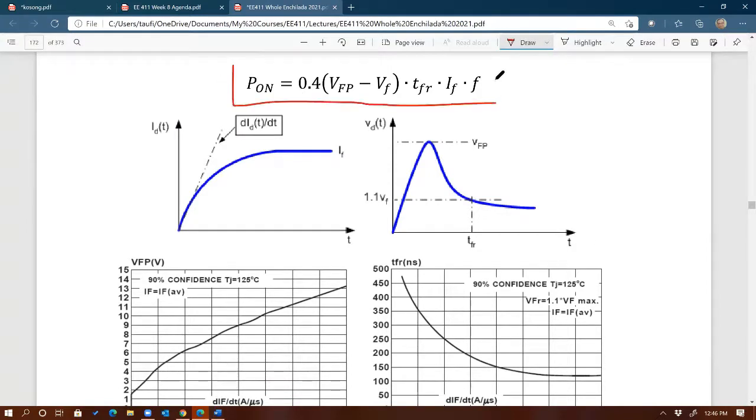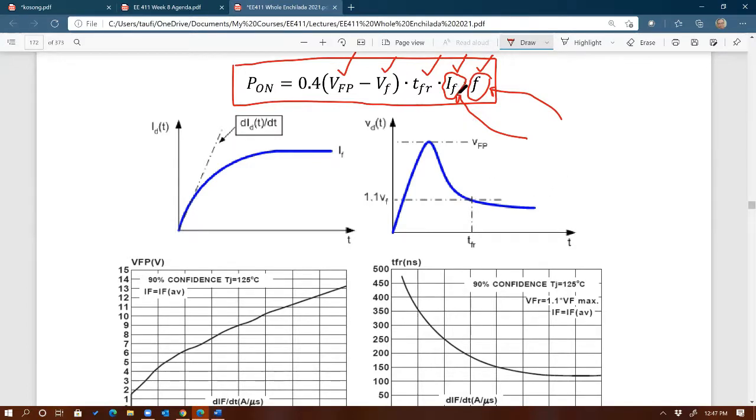So the equation involves VFP, VF, TFR, IF, and F. One value that I know is frequency, that's the switching frequency. And then IF, that's the same IF as before, that's the DC current when the diode has already settled into its steady state value, meaning it's conducting fully.